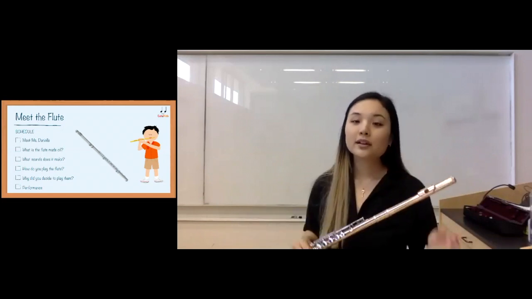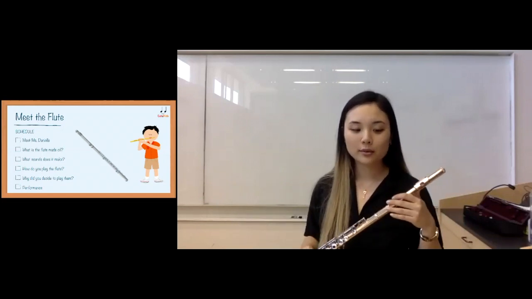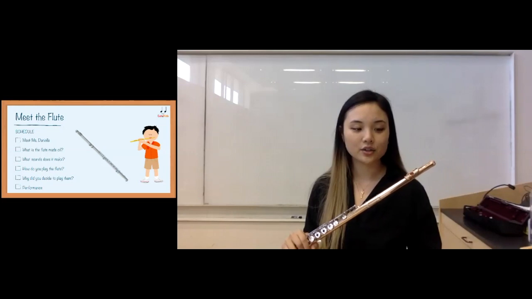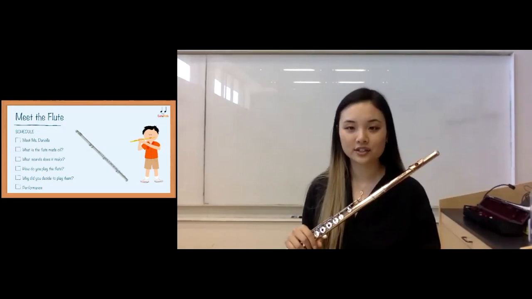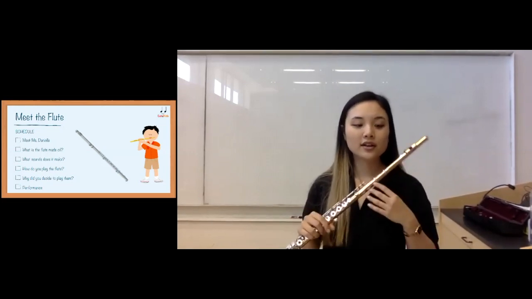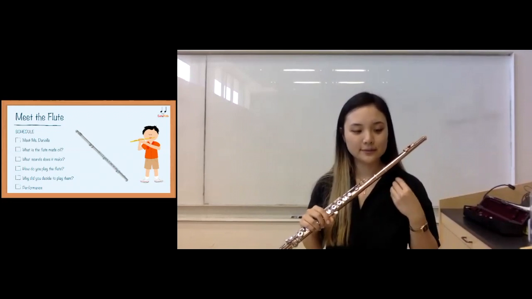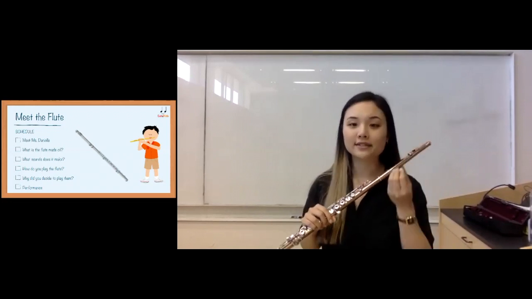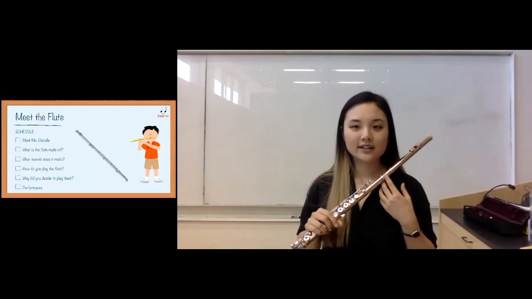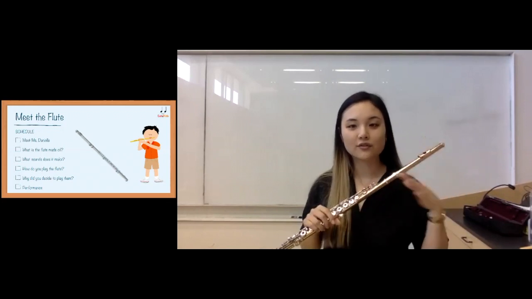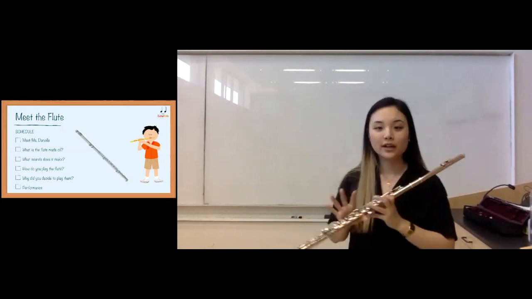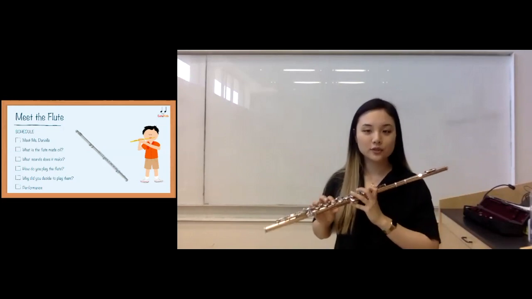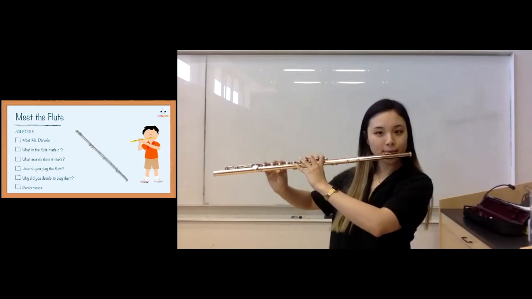The more you play flute, you will probably learn that you add vibrato eventually to your sound. Vibrato is when you really make waves in the sound so that it sounds very beautiful and just not flat all the time. So regular, straight flute tones sound like this.